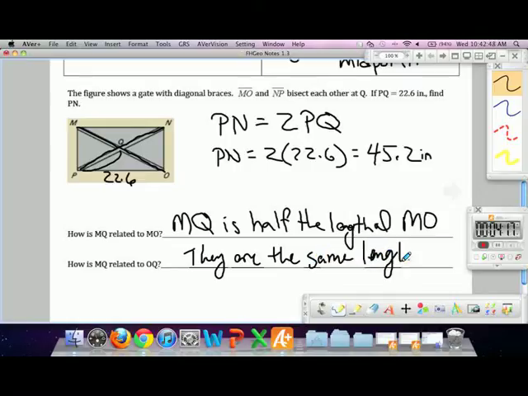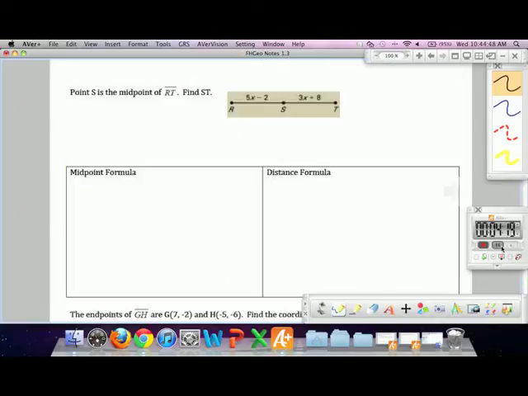We do know that since it's the midpoint, the two segments that are created have to be the same length. So 5x minus 2 has to be the same as 3x plus 8. From this equation, you should be able to solve and get x is 5, and then that's not our final answer because I didn't ask what x is.